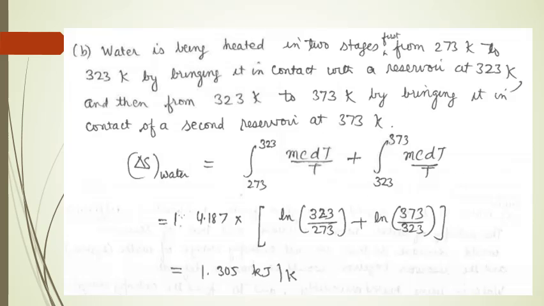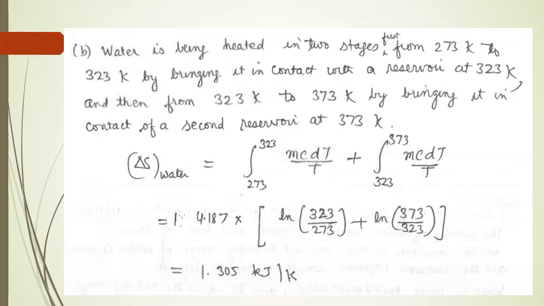Now in case B, the second part of this question, water is being heated in two stages: from 273 Kelvin to 323 Kelvin by bringing it in contact with a reservoir at 323 Kelvin, and then from 323 Kelvin to 373 Kelvin by bringing it in contact with a second reservoir at 373 Kelvin.